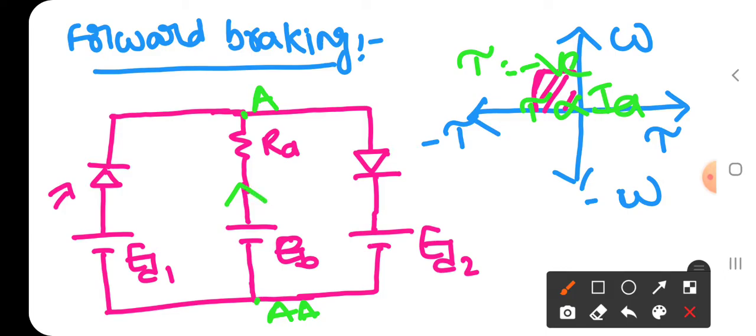And here the motor voltage VA is like this. This is positive and here it is negative for VA. Now how will the current flow? This is IA, it flows in this fashion.